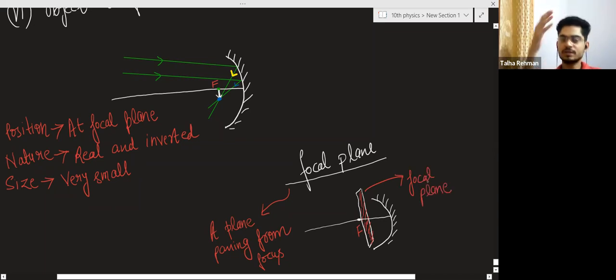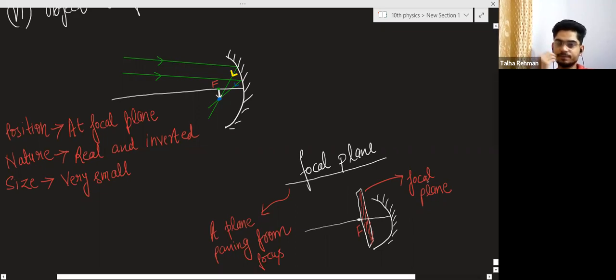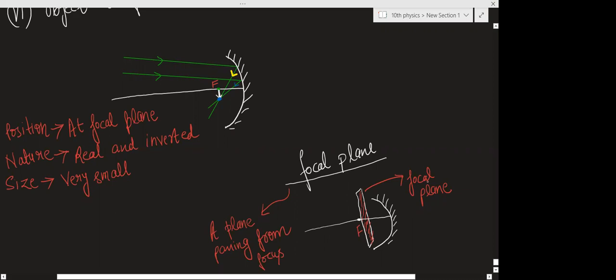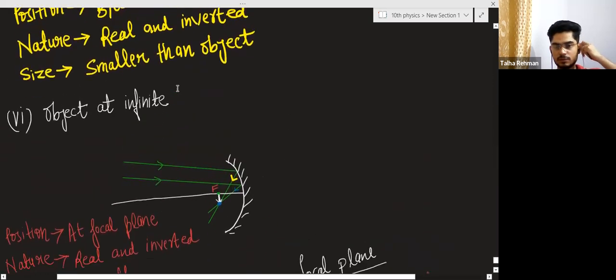Plane means you can consider a plain paper, like a page of your copy, which is passing through the focus. So the image is at the focal plane, and now write down.